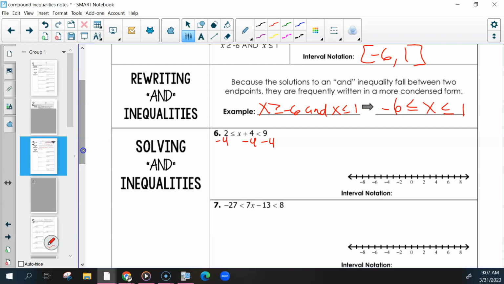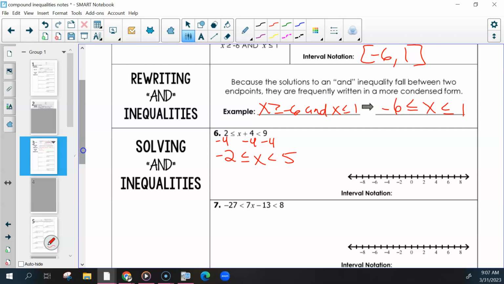From the middle to the outside, on both sides, because I'm trying to get rid of it. So then everything should change when you do that. The middle, there should be no more 4. The outside numbers should change because you subtracted 4.